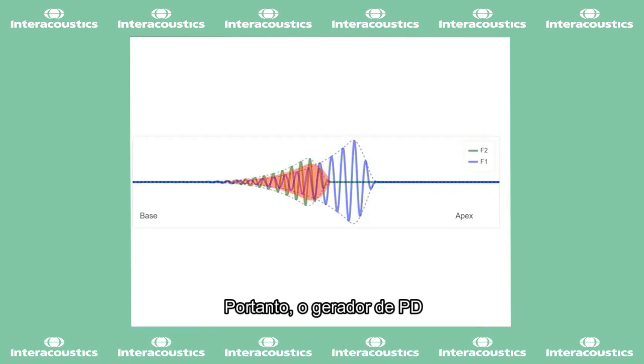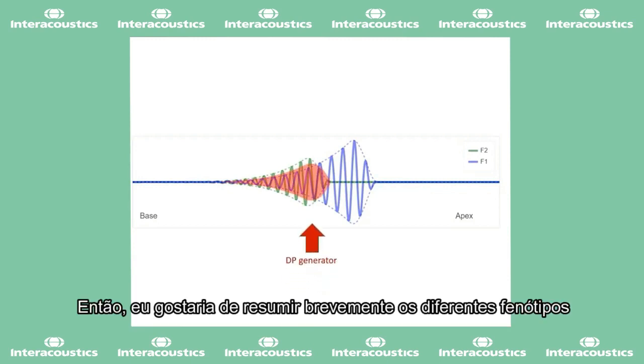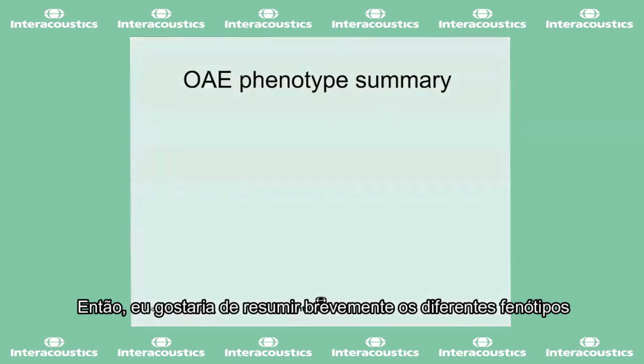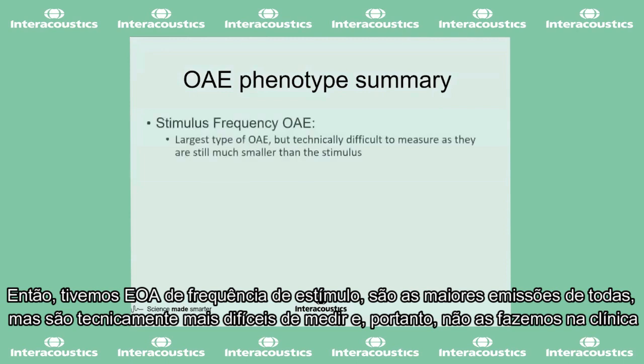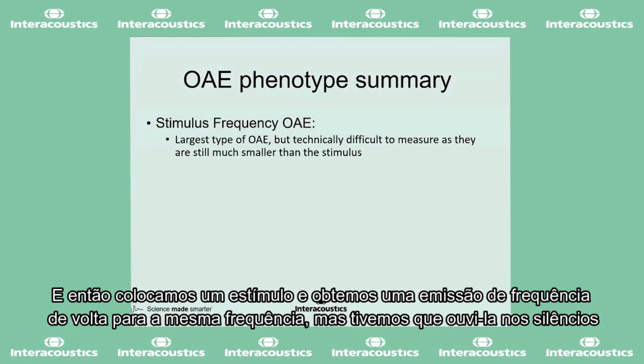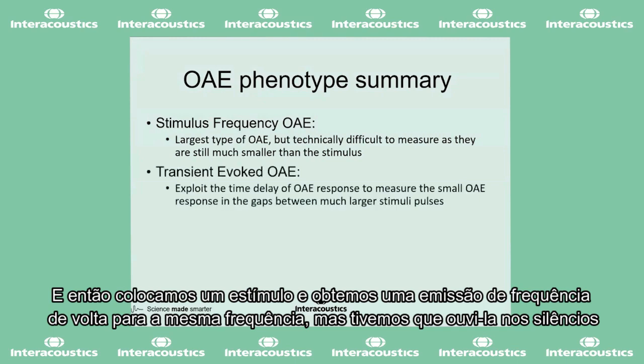So that's the DP generator. I'd like to just summarize then the different phenotypes briefly. So we had stimulus frequency emissions. They're the largest emissions of all, but they're the most technically difficult to measure, and so we don't do them in the clinic. Then we put in a stimulus and got a frequency emission back out at the same frequency, but we had to listen to it in the silences.